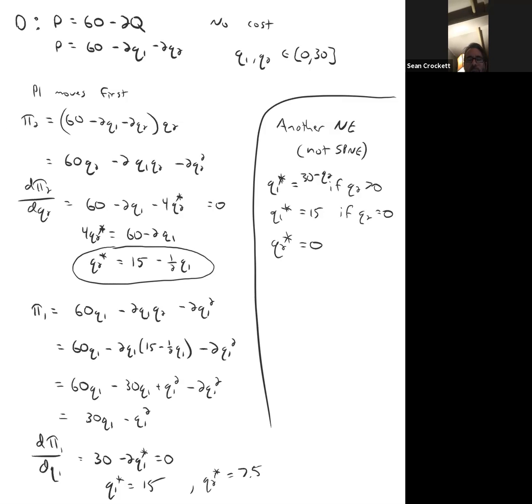Because if player 1 picks 30 minus Q2, both of their profits are equal to 0. And so given that strategy for player 1, firm 2's profit is always 0, so picking Q2 equals 0 is the best response. And given that best response, player 1's best response is 15.